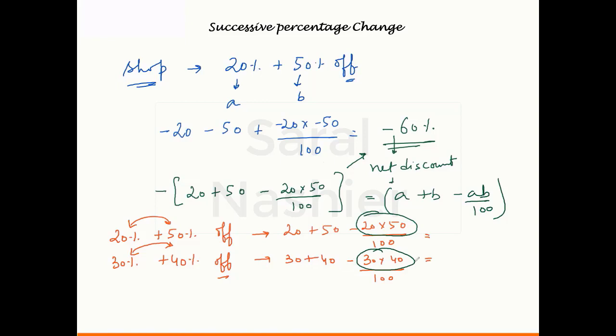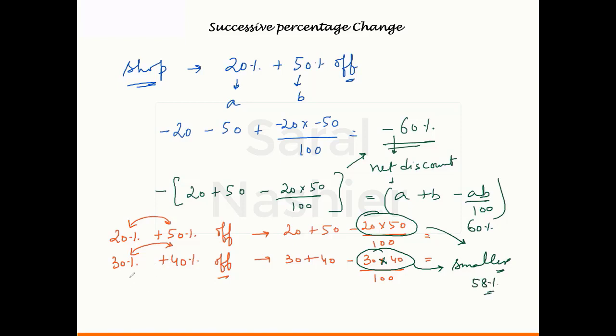And which one would be larger? 30 into 40, because they are closer. So this discount would be smaller than the other discount, because here 30 into 40 gives you 1200, and there 20 into 50 gives you 1000. So there you get a discount of 60%, but here you get a discount of 58%.